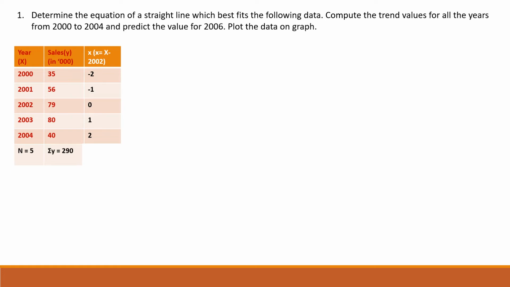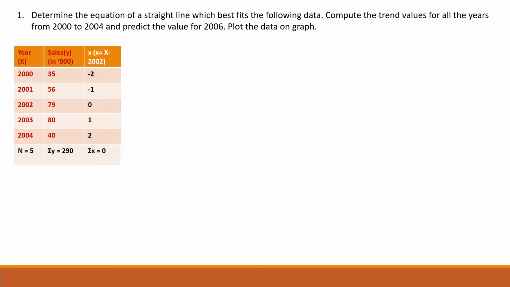When summation x equals 0, we can directly use the formulas for a and b. So 2000 minus 2002 equals minus 2, 2001 minus 2002 equals minus 1, 2002 minus 2002 is 0, 2003 minus 2002 is 1, 2004 minus 2002 is 2. So the summation of this equals 0.